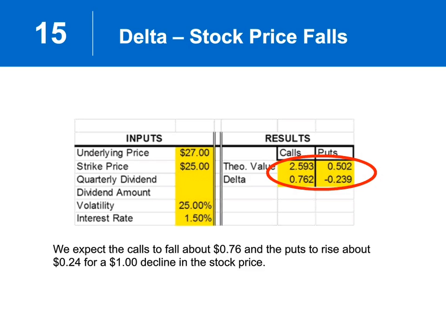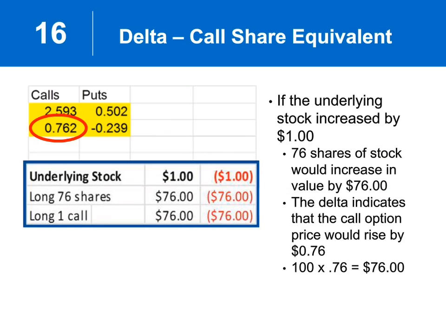And theoretically, with, again, 25% implied, with the 25 strike and the stock going from 27 to 26, you should see that put increase in value by about 24 cents. Again, it's a guideline. It's not typically going to be exact, but it's a great basis to allow you to make different investment decisions.